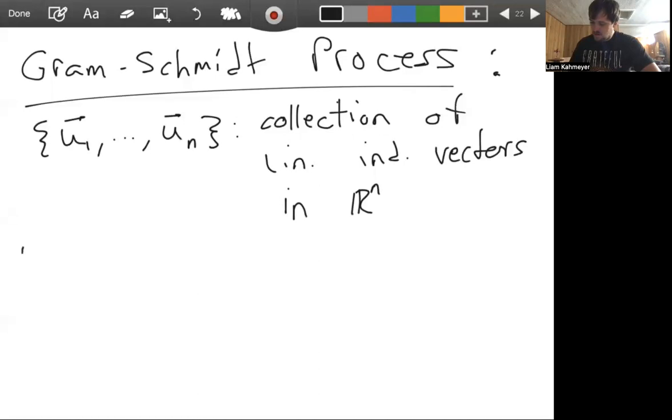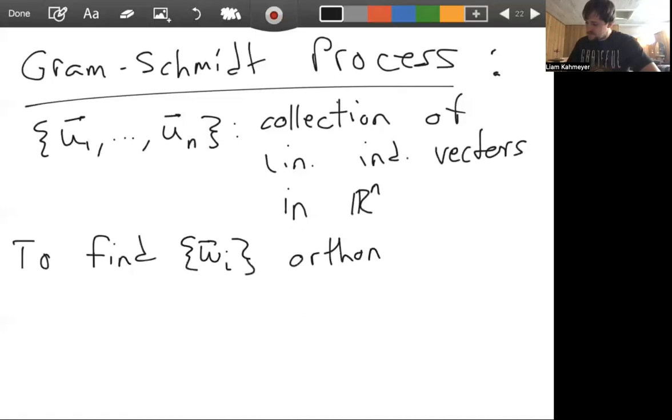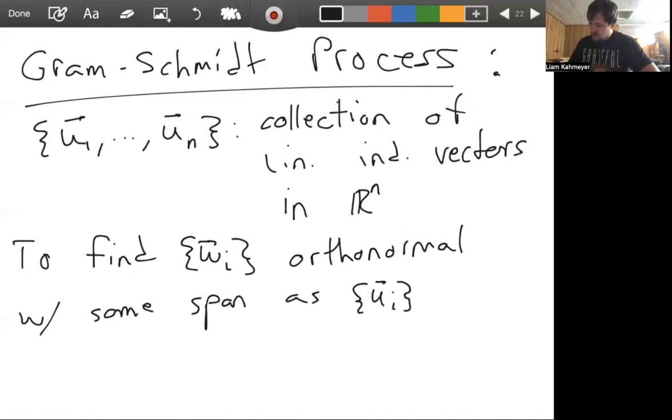First, I'll be a little more rigorous here. To find this collection of vectors Wi, orthonormal with the same span as Ui, here's how we do this.